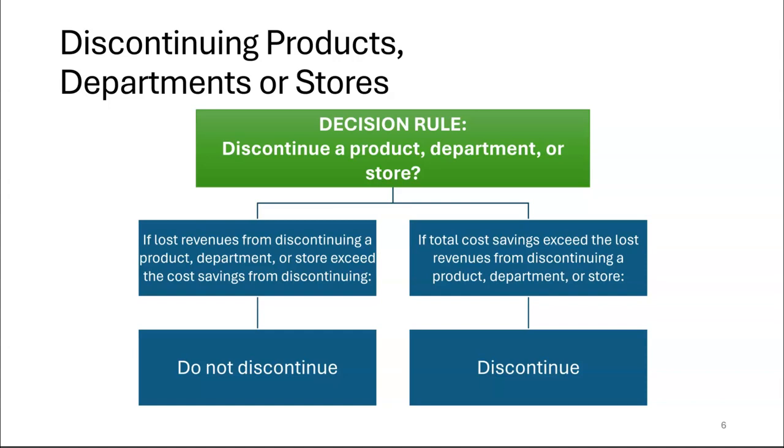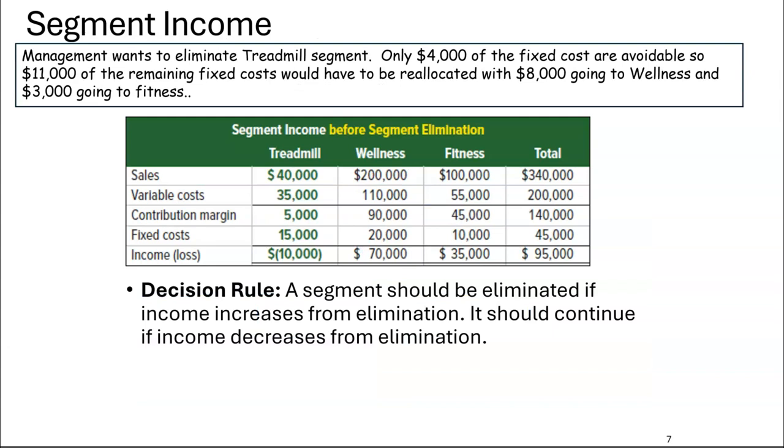So let's take a look. This example is from your book, but I think it's a good one. All right, here we have an example. We have treadmill, which is obviously losing money, and right now they want to eliminate it, but as you can see, it's carrying $15,000 of the $45,000 in fixed costs.